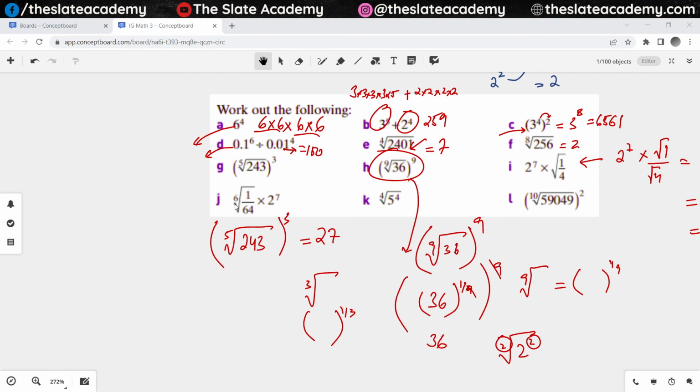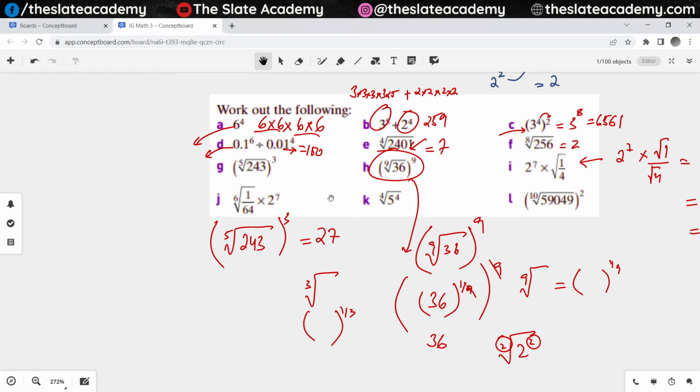Any root of 1 gives the same number. So this 1 would become 1. This 64 is 2 to the power 6, so 2 to the power 6 into 1 over 6 will become 2. And 2 to the power 7 divided by 2 would leave you 2 to the power 6, which is 64. So this question would have the answer 64.